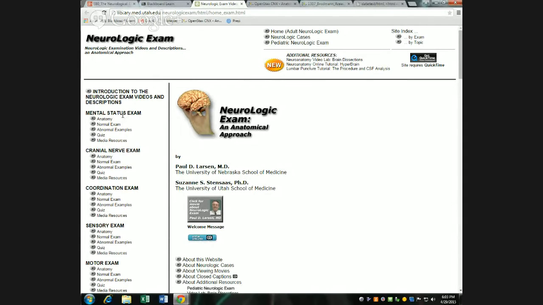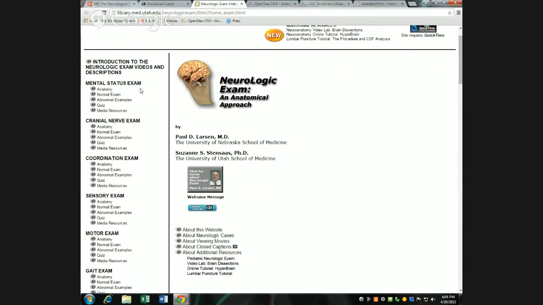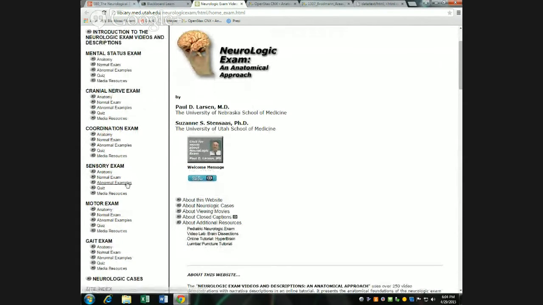So down this side is a list of the different components of the neurological exam. Now there's actually 6 that are listed here, but I'm only going to concentrate on 5 of them. And in the book, I make this point. The 6th one down here is just really a subset of one of the other ones. But we have the mental status exam, the cranial nerve exam, the coordination exam, the sensory exam, and the motor exam.